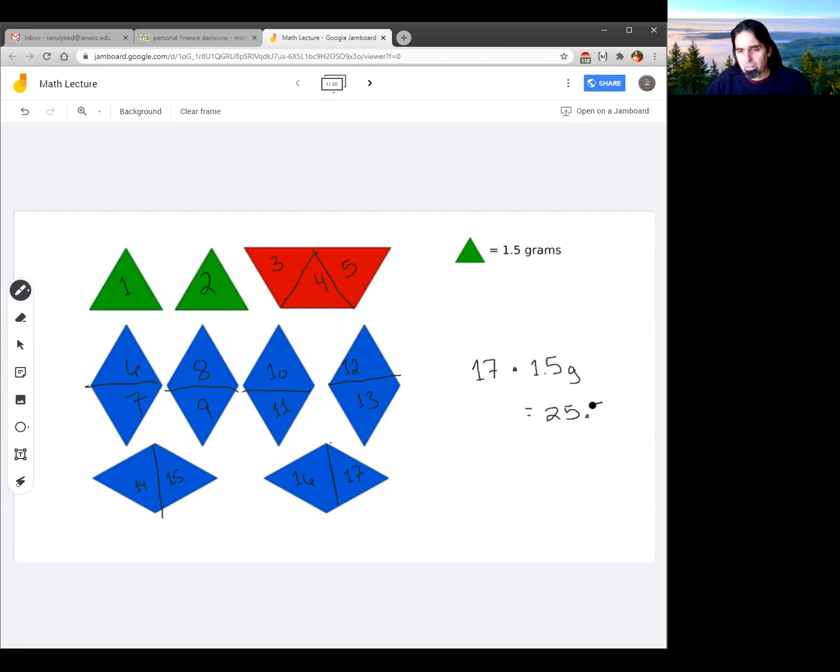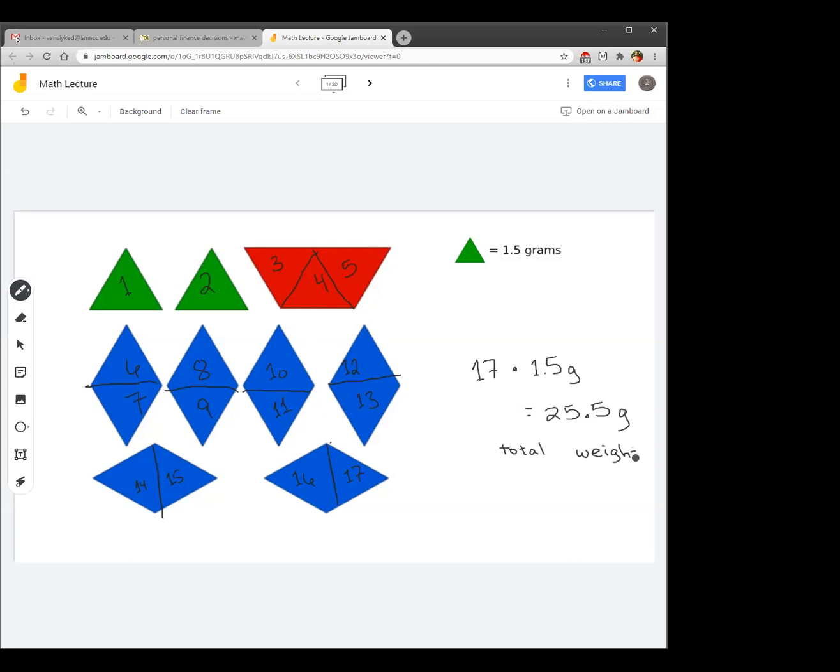So the total weight of everything on the scale is 25.5. That still doesn't quite tell me what a typical block in this collection weighs. I'm not sure.